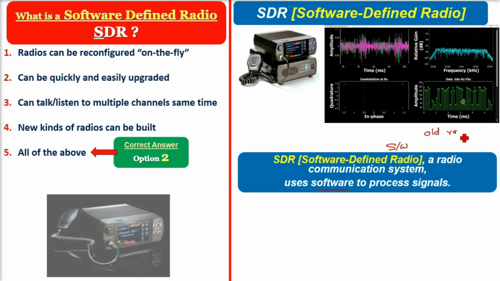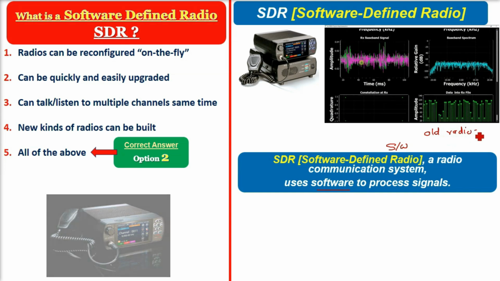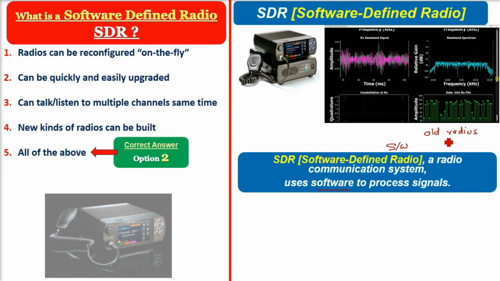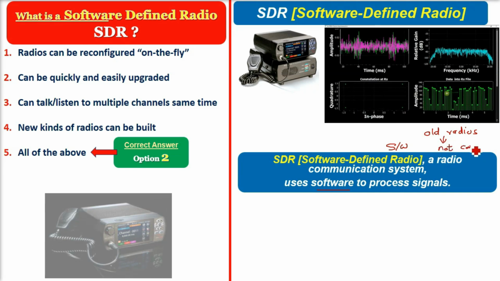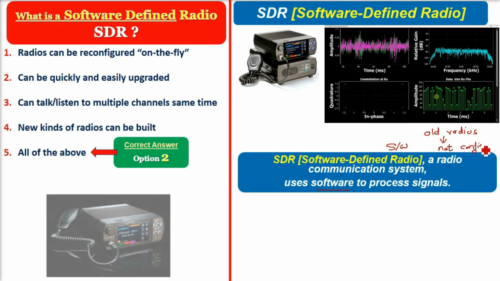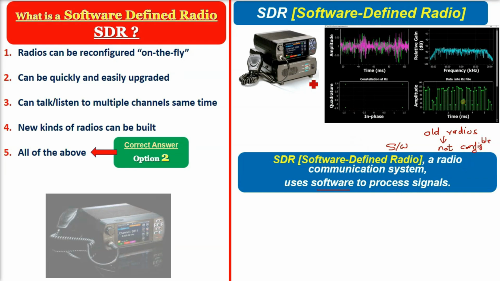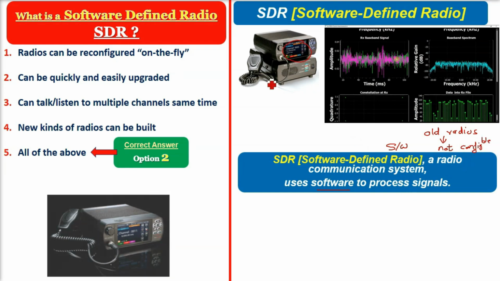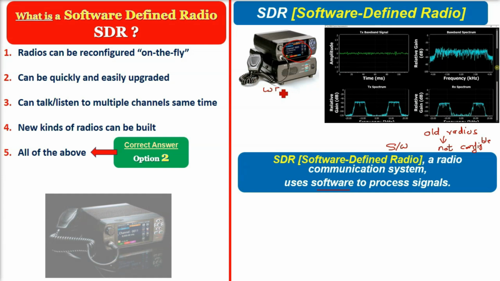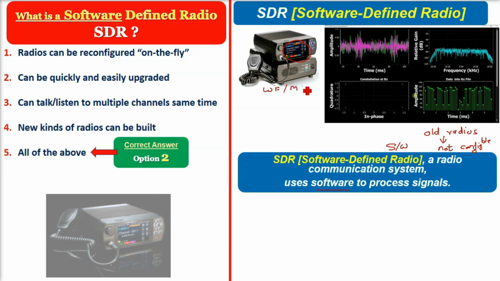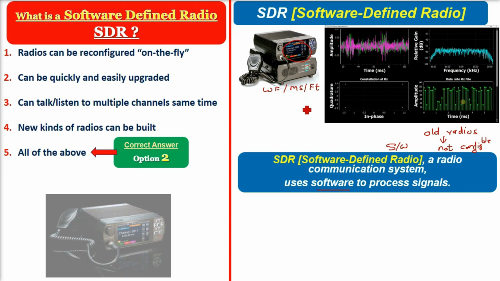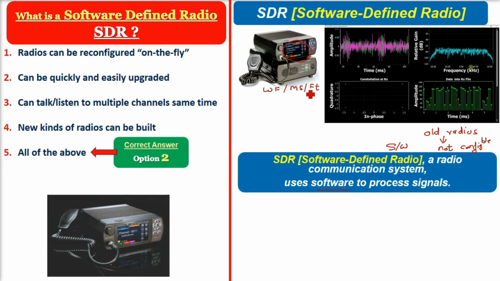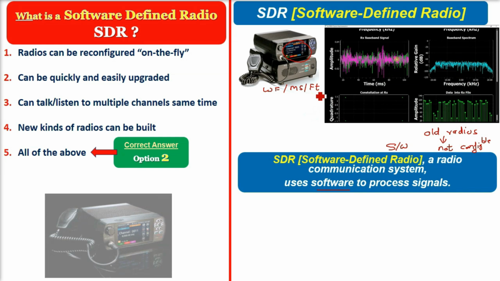With the old legacy radios, you can just tune to different frequencies, and that frequency range is also limited. Most of the parts of the radio you cannot change, that is, it's not configurable. There was a very small HMI, and only a few things can be changed. But if you want to change the waveform, the modulation scheme, the filtering, then we can change it in the software defined radio using the software.